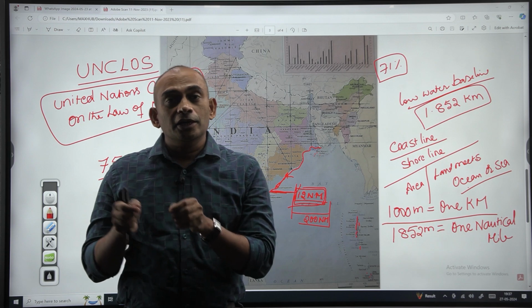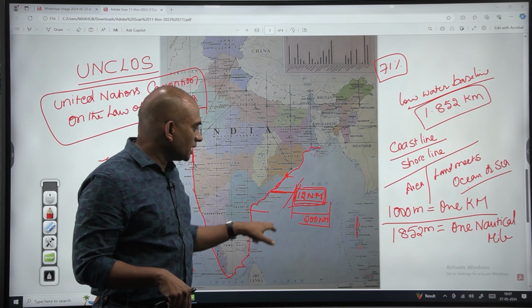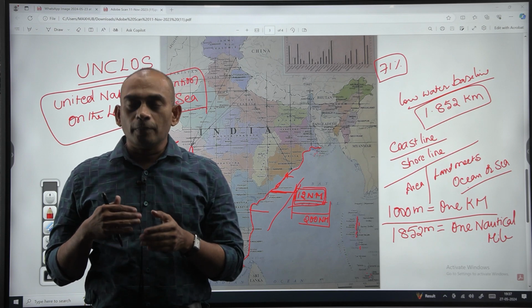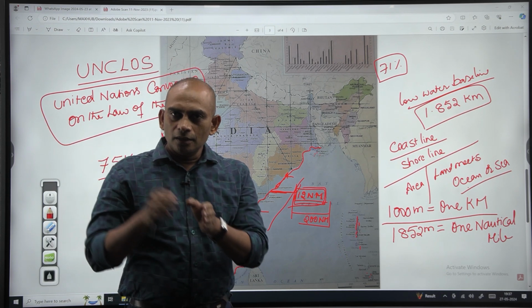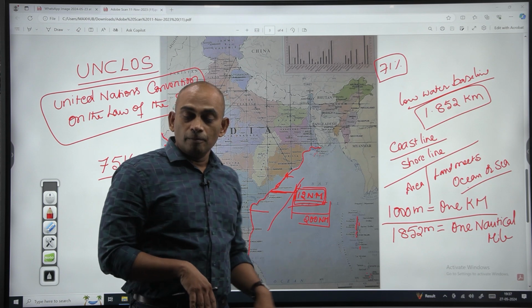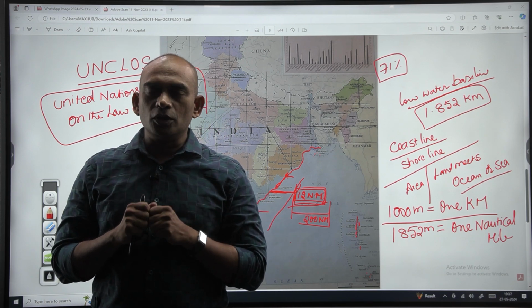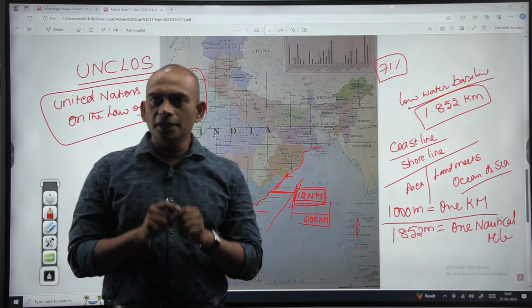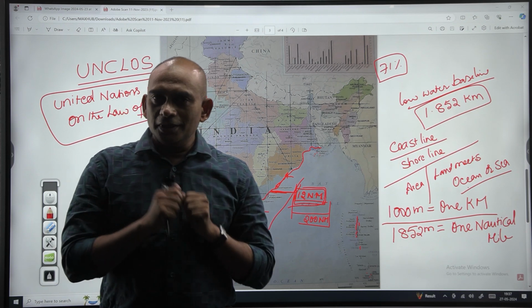That means they cannot bring their ships into these areas without proper permission. Even if China came into these waters, they cannot take the petroleum from that water because that belongs to India.